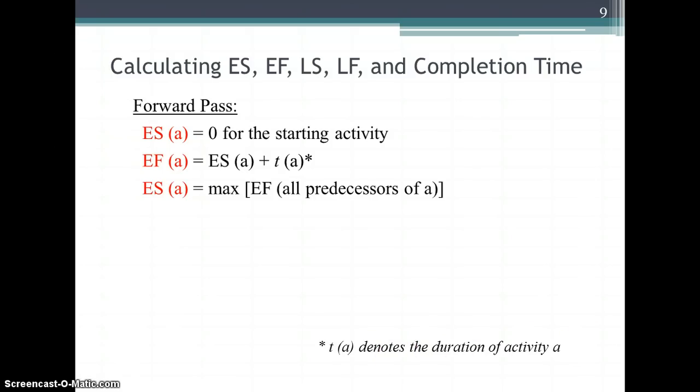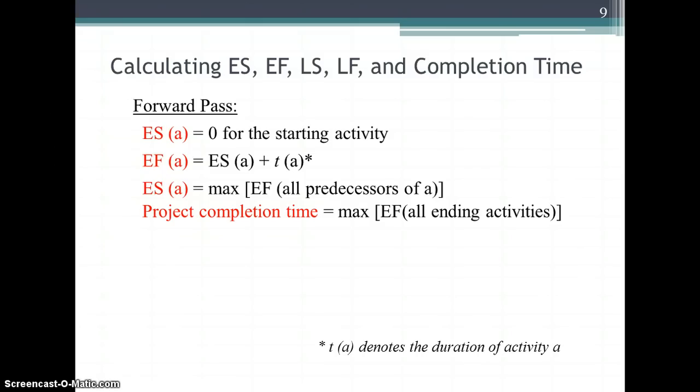Okay? The early start of an activity is the larger of the early finishes of all predecessors of that activity. The completion time is the larger of the early finishes of all ending activities. So our completion time in this case is going to be the early finish of G.